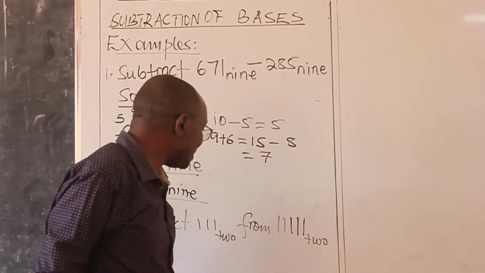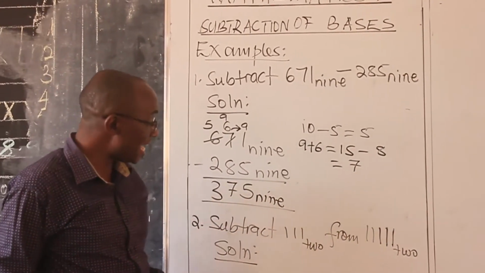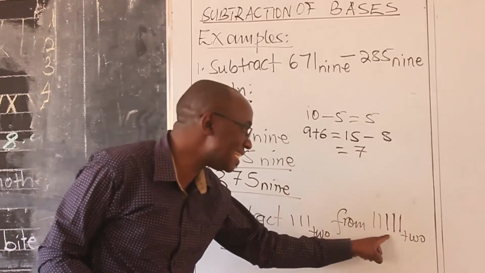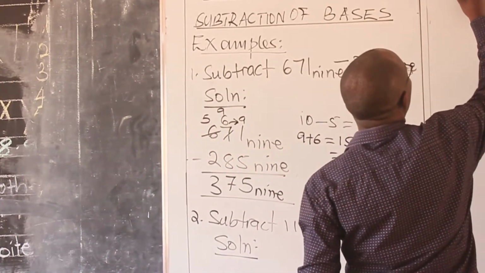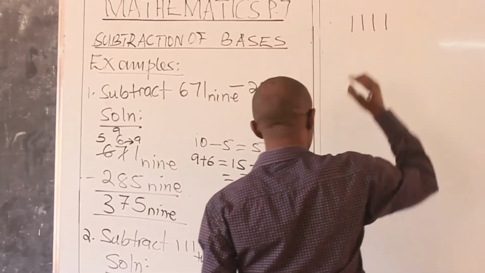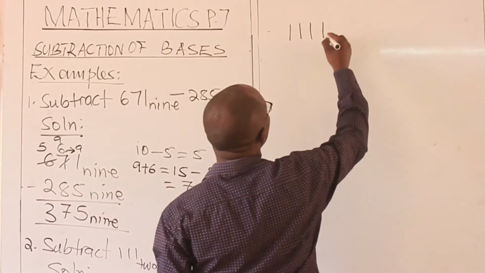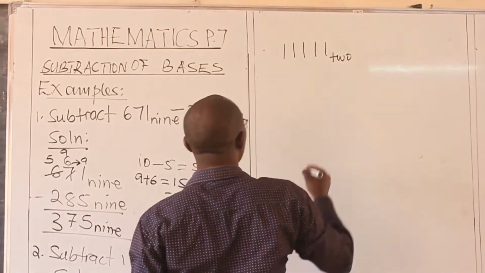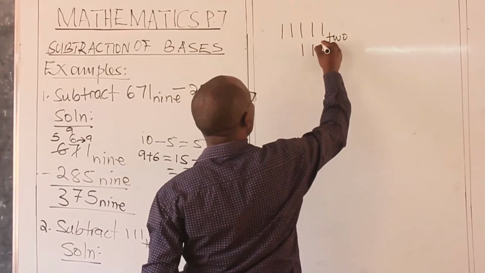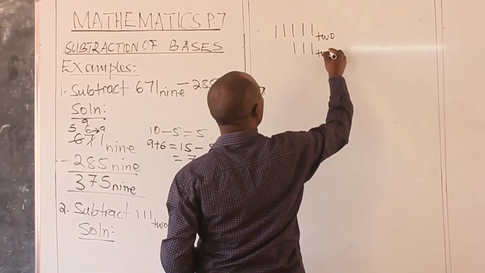Some candidates tend to get confused. They are asked to subtract this from this, meaning you write this first. So that is 1. We are subtracting 1 base 2.